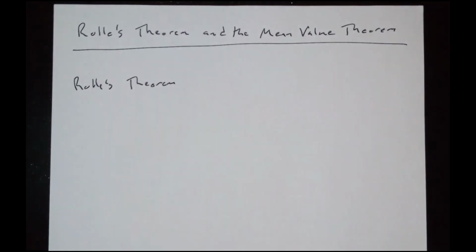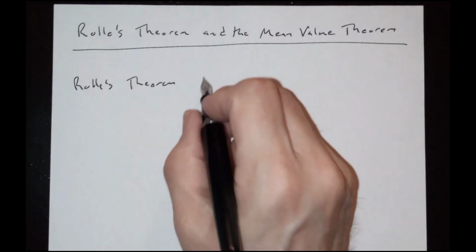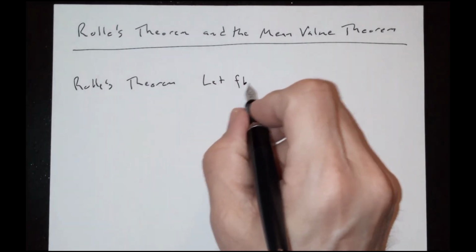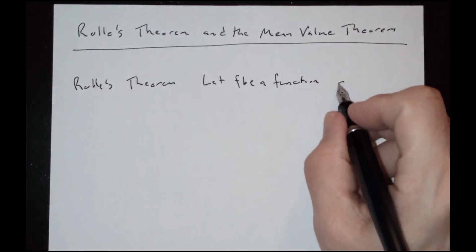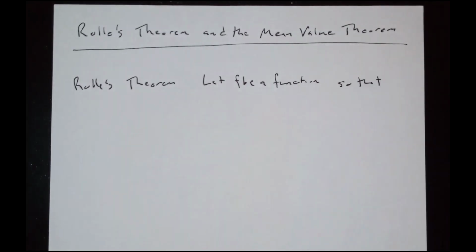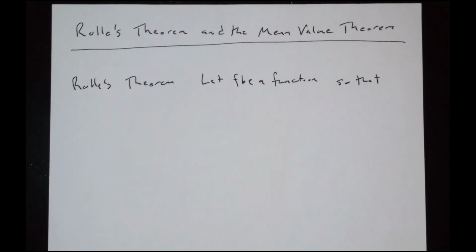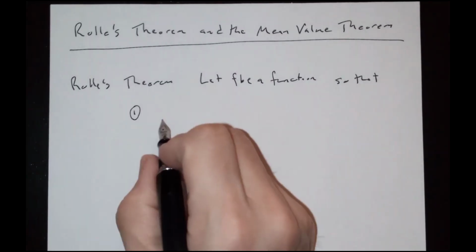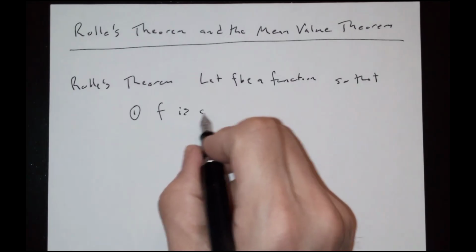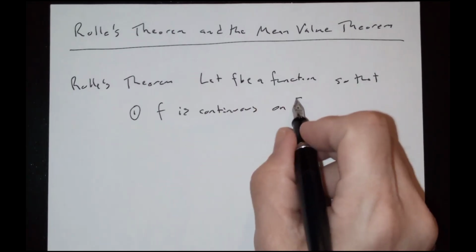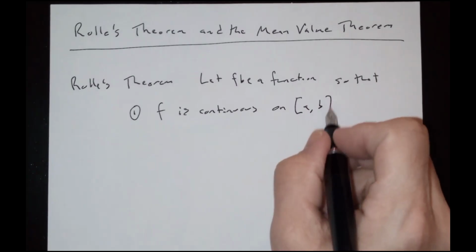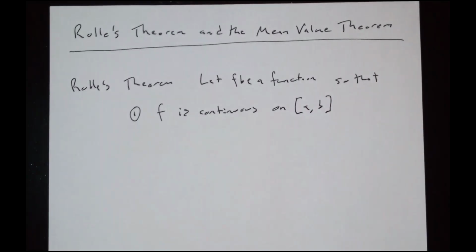Let's suppose I have a function that satisfies the following 3 properties. It's continuous between A and B and at each endpoint.